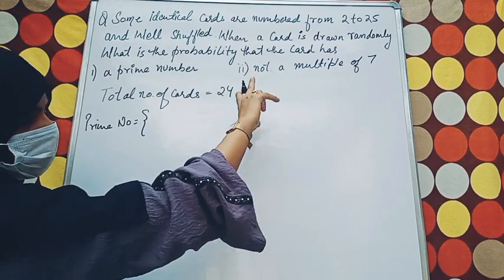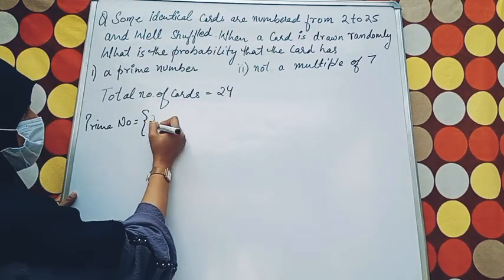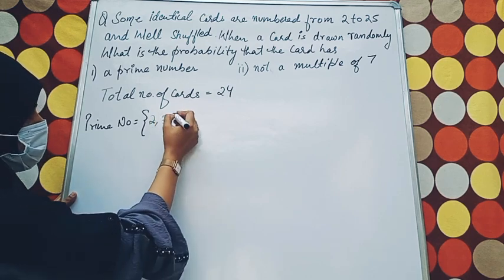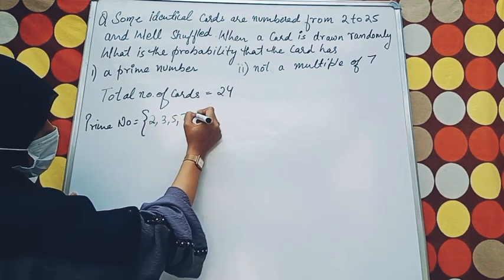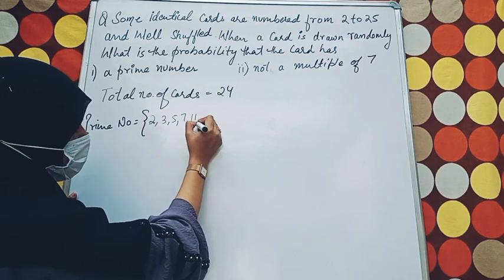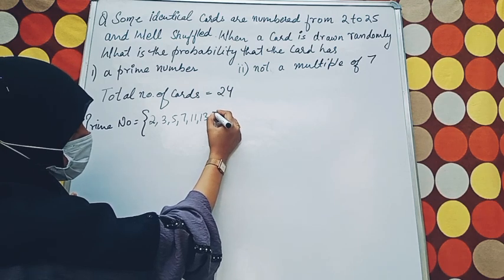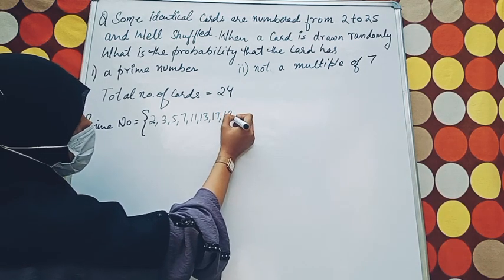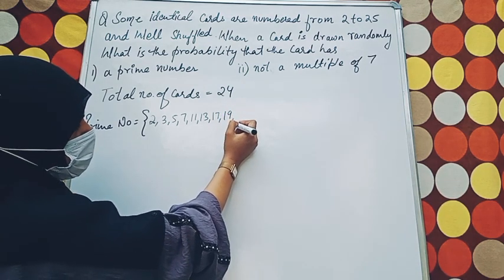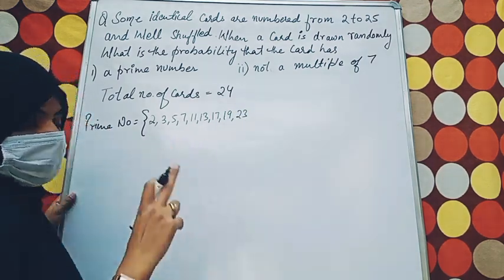We will have to start from 2. So 2 is a prime number. Yes. 3, yes. 5, 7, yes. 9, no. 8, 9, 10, 11, 12, 13, 14, 15, 16, 17, 18, 19, 20, 21, 22, 23, 24, 25. We have to go till 25.